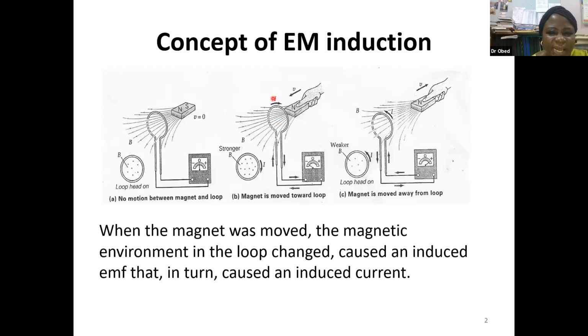So we can detect an induced current here, but only during the motion. You can see that the galvanometer needle has deflected towards the left. So let's see what happens when the magnet is moved away from the loop.